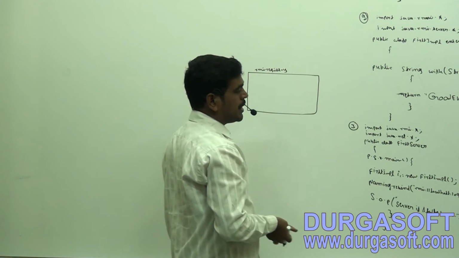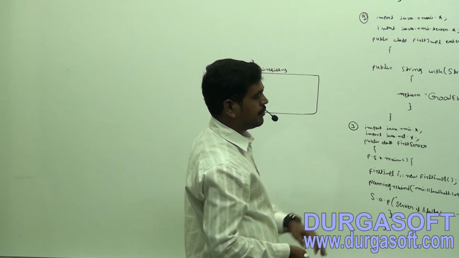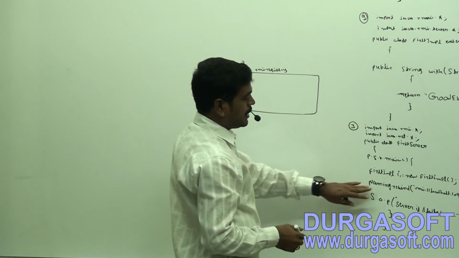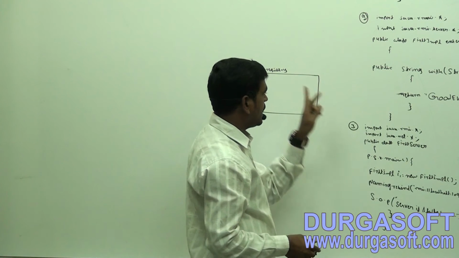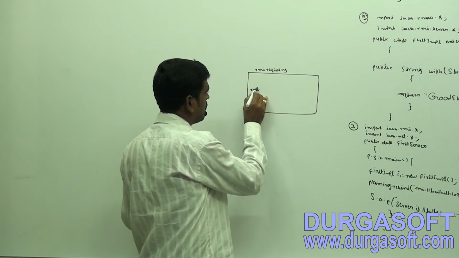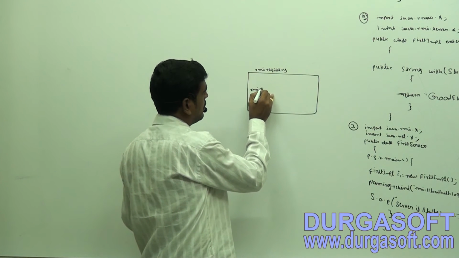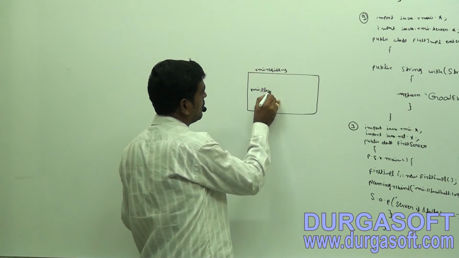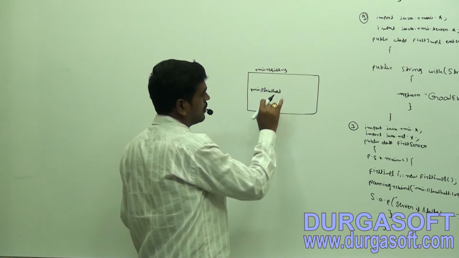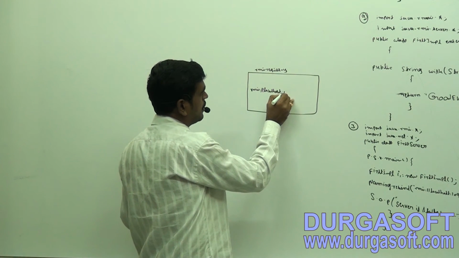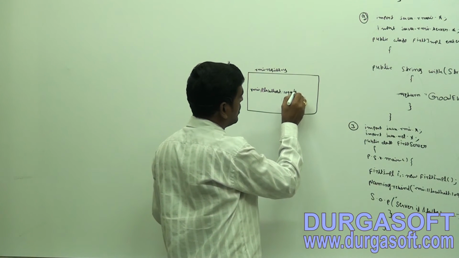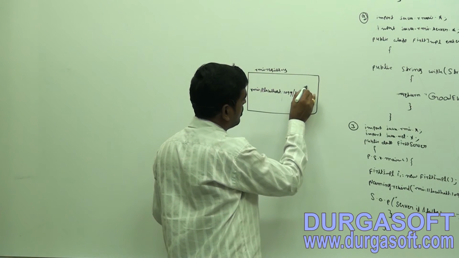After starting the RMI registry, now we can start the server program. Once we are starting the server program, the Naming.rebind method is going to bind this URL here. How is it? Like this: rmi colon double slash localhost colon 1099 slash test.